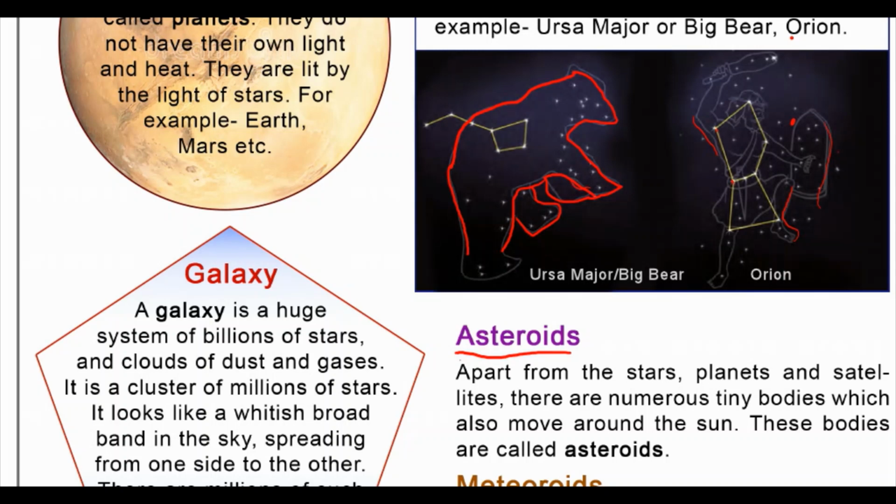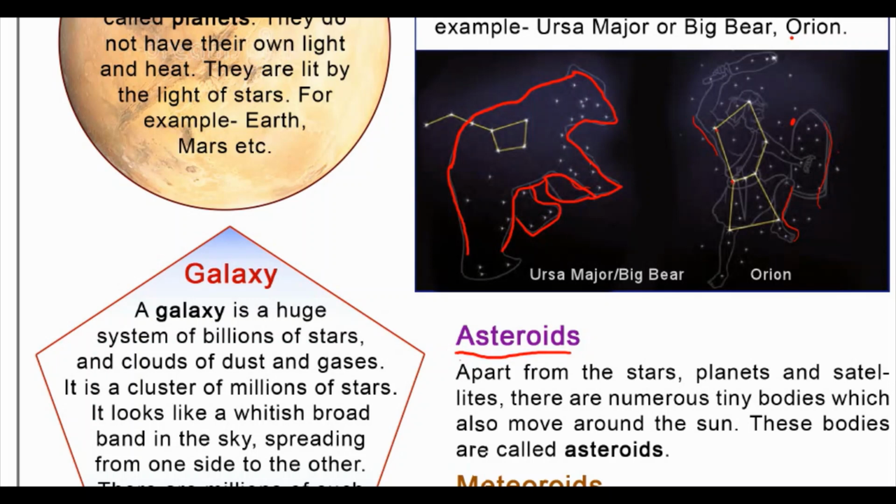There are numerous tiny bodies which also move around the sun. These bodies are called what? Asteroids. Now, these are numerous tiny bodies which also move around the sun. So these are dust and gases which turn into rocks and then erupt on the Earth's surface, but very rarely, not every time.